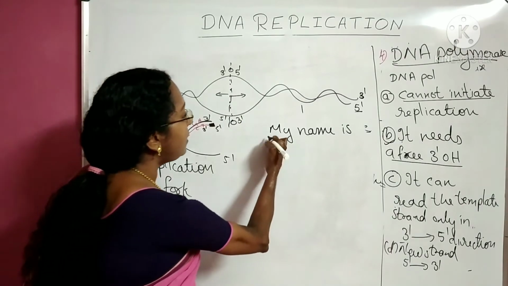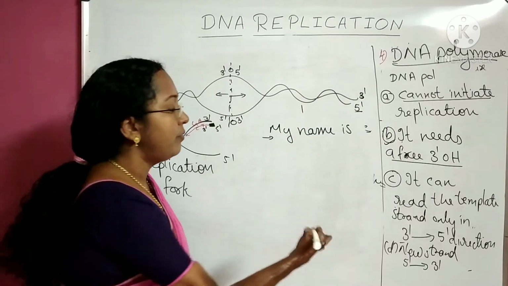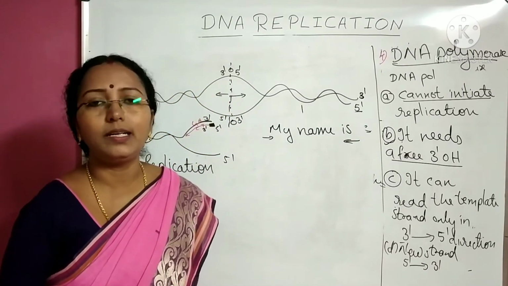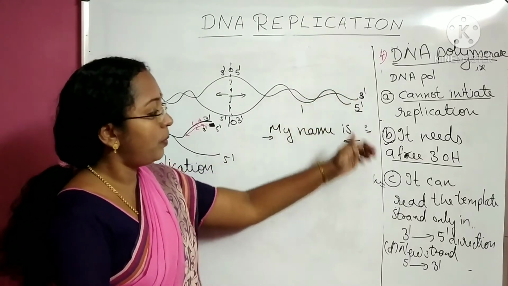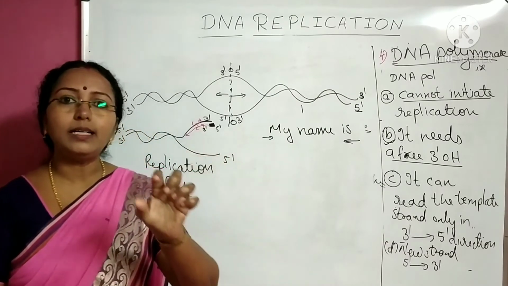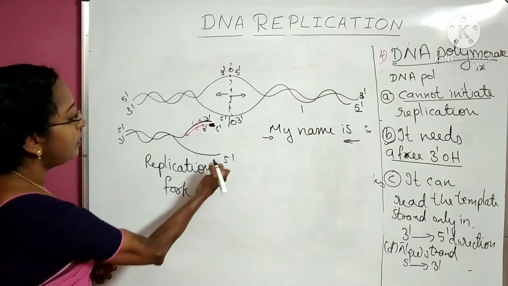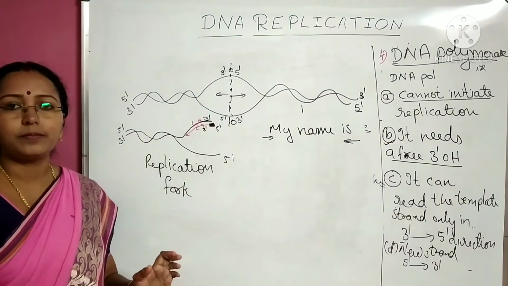I can read this only from my left side to the right side. If I start reading from right to left, it never makes sense. I cannot read like that. The same process is happening here. This DNA polymerase can read and understand the bases only from 3 to 5. It can never read the bases beginning from 5 to 3. It can never do that.